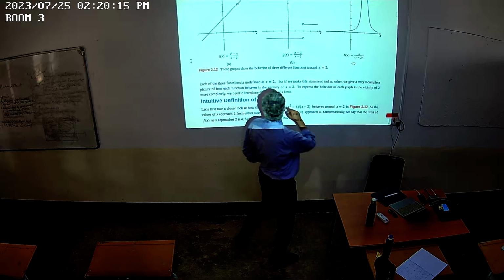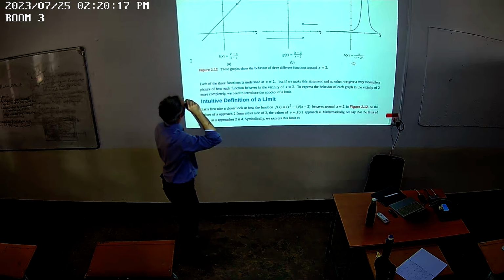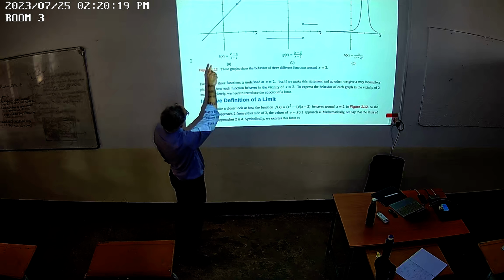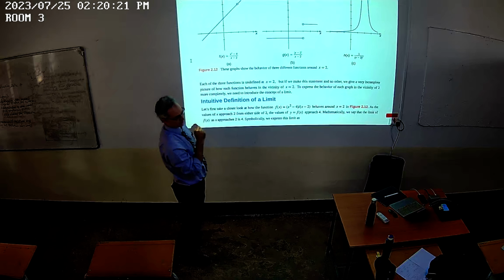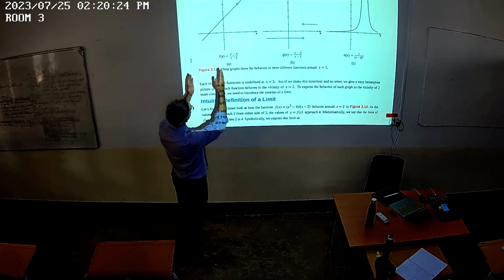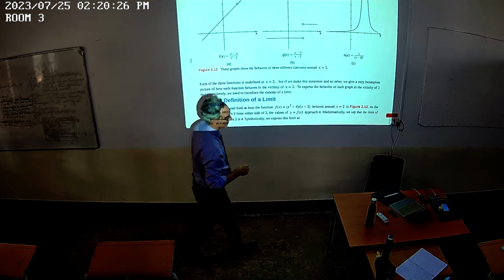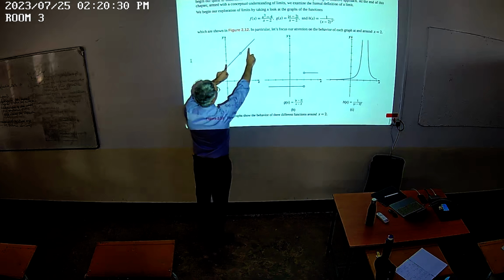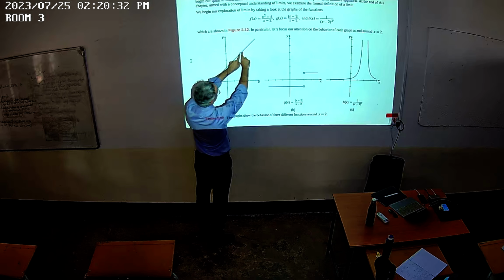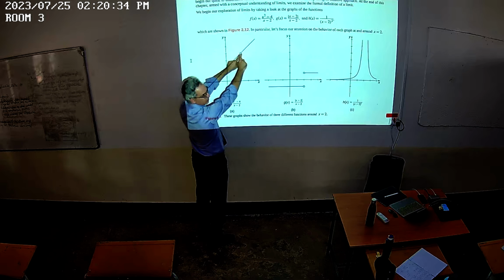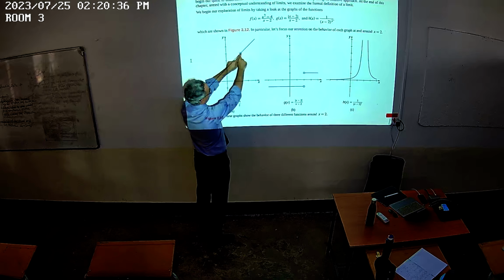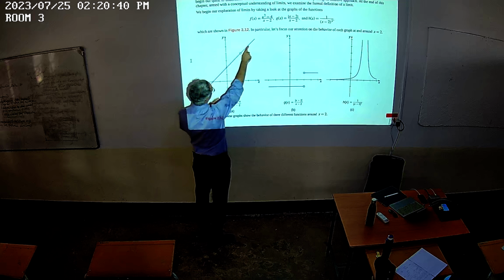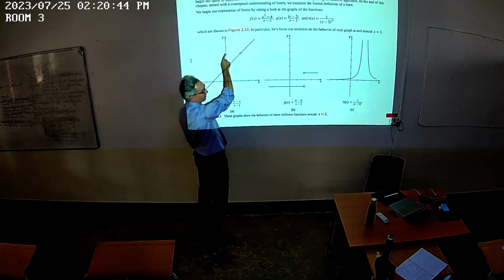Let's take this first one here. If we look at the function on either side of x equals 2, as it gets closer, from here and from here, as they get closer to a number, even though there's no value at x equals 2, it's easy to see that everything is getting closer to the value 4.